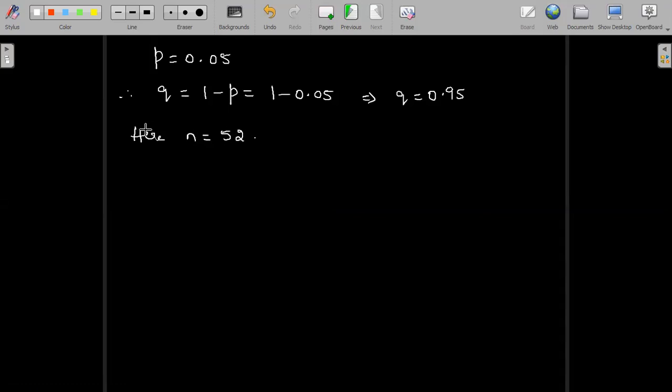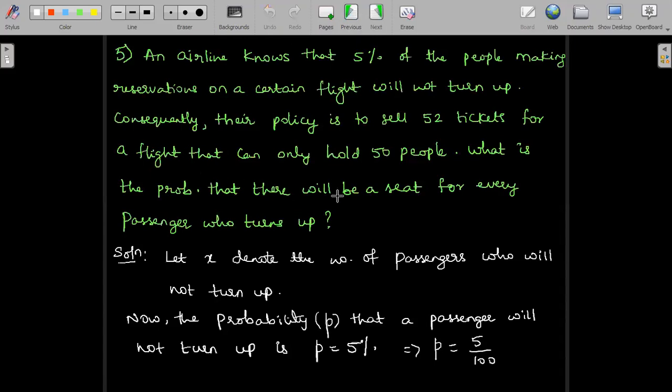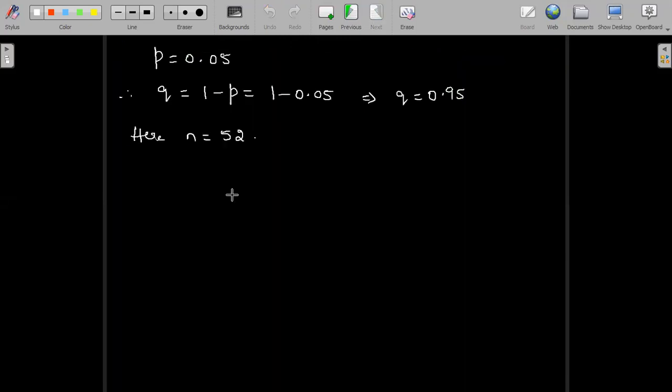Now what we have to find out? Whenever we have to find out, it's put up here, no? Find the probability that there will be a seat for every passenger who turns up. So first let us write down the formula for binomial distribution.